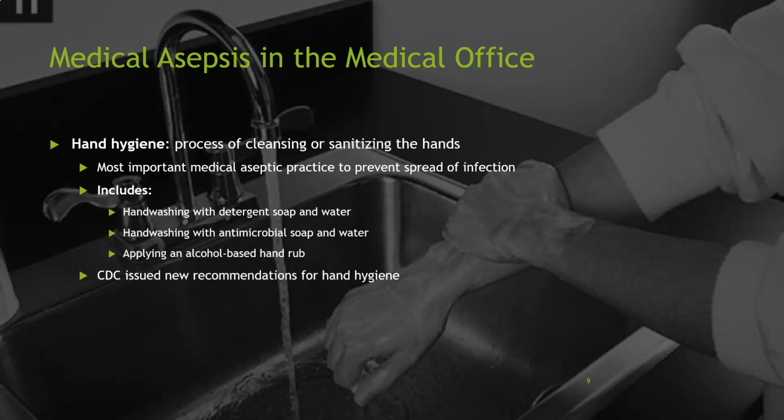So how do we go about doing medical asepsis in the medical office? Obviously, first and foremost, and the biggest one is hand hygiene. This is everything from hand washing with just normal soap and water to antimicrobial soap, and also alcohol-based hand rubs. And each of these have recommendations for appropriate hand hygiene, and we will go through each of them.